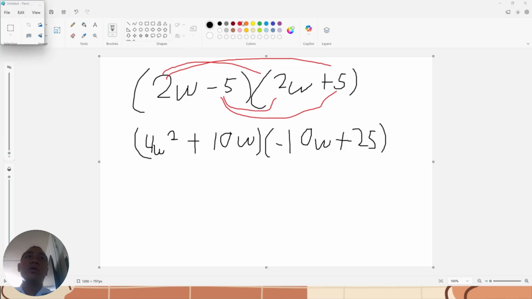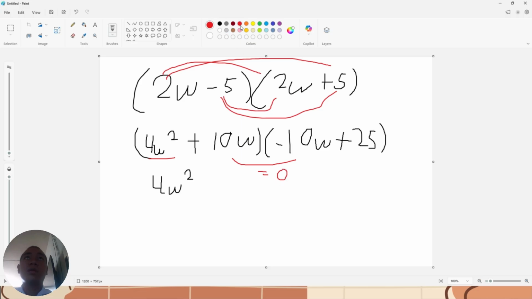Now, you can solve this by simply bringing down 4w squared, and then 10w minus 10w, which cancels out each other, so it becomes 0.